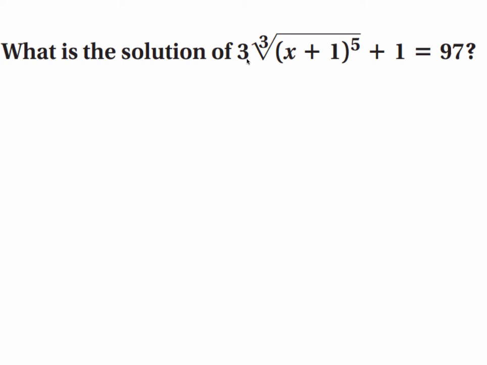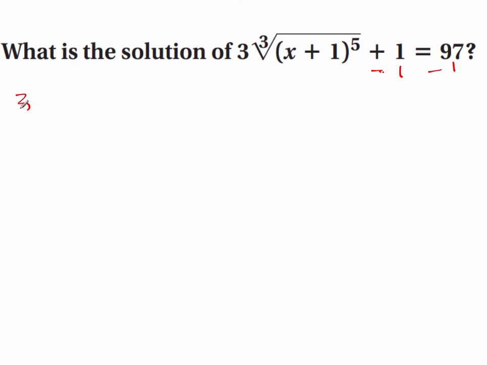When you have something like 3 times the cubed root of x plus 1 to the 5th plus 1, we only have odd powers and roots, so let's start by eliminating the 1 from this side.